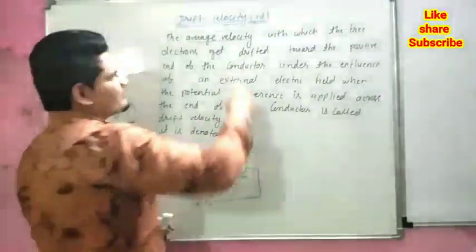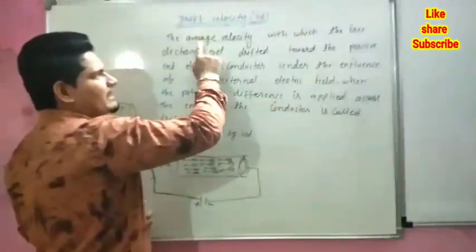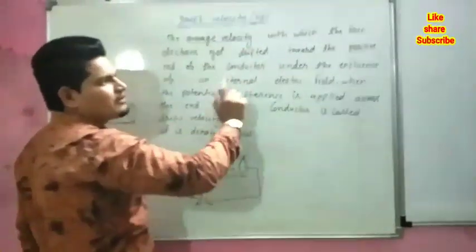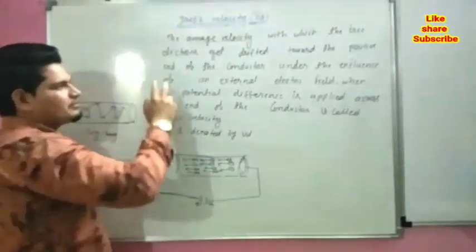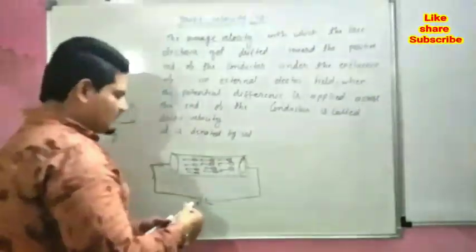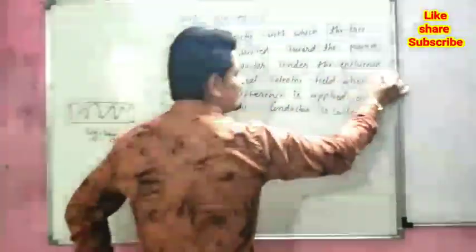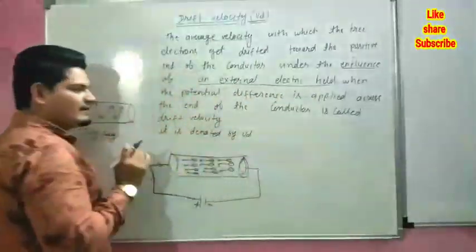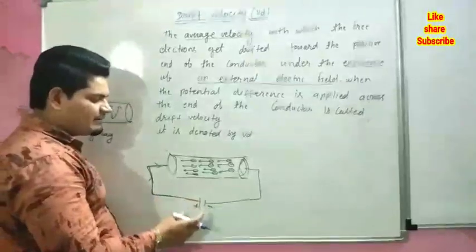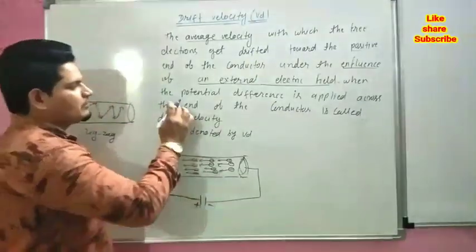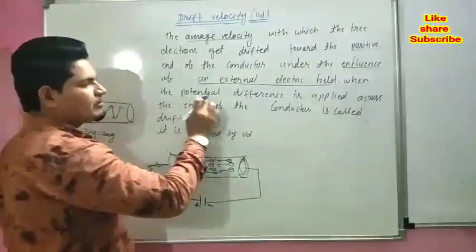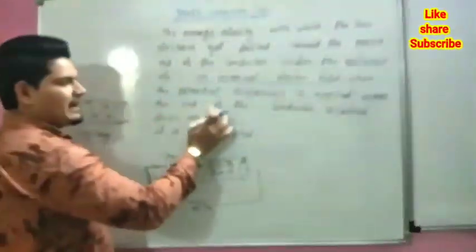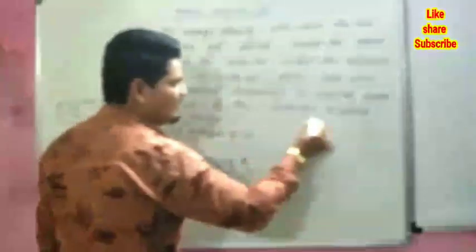So we can say the drift velocity is the average velocity with which the free electrons drift toward the positive terminal of the battery under the influence of an external electric field, when this electric field is developed due to the battery, that is, when a potential difference is applied across the ends of the conductor.